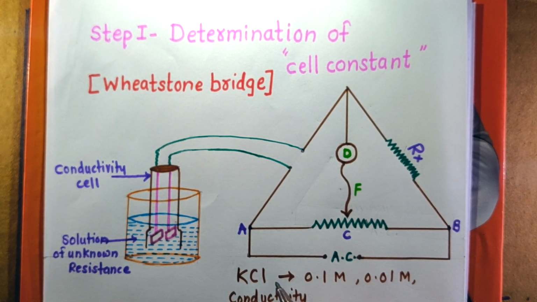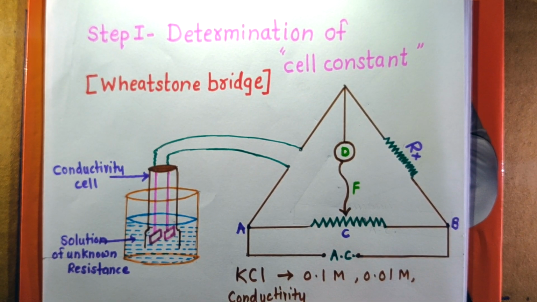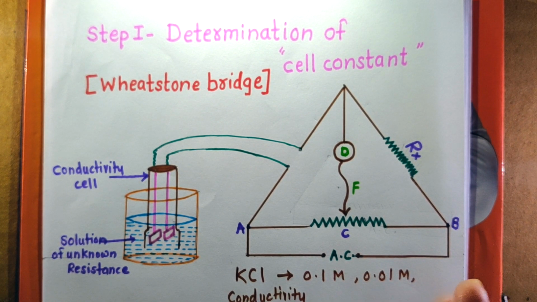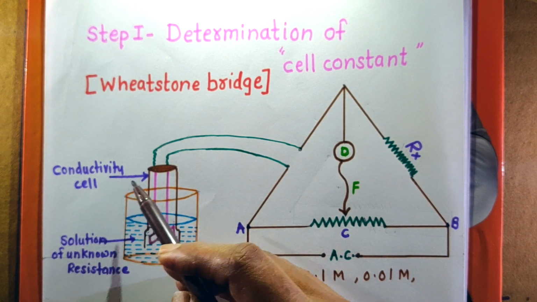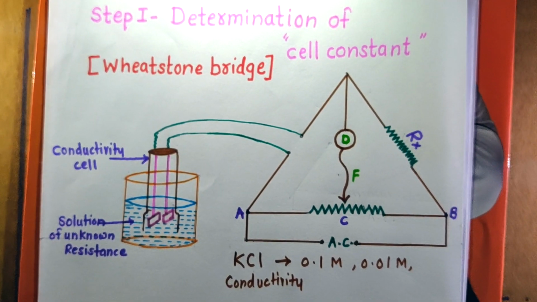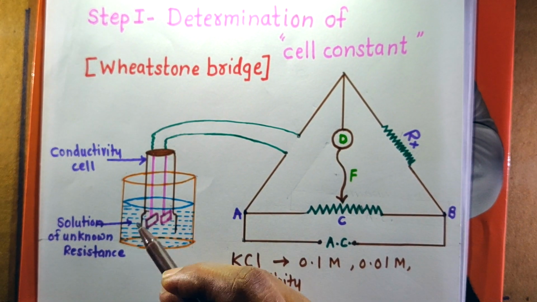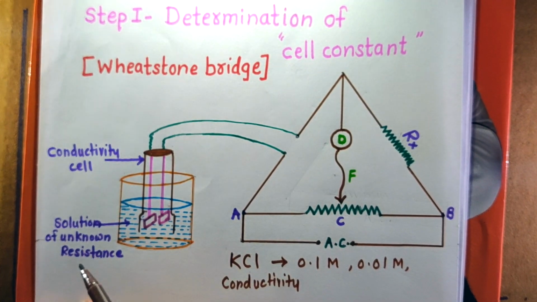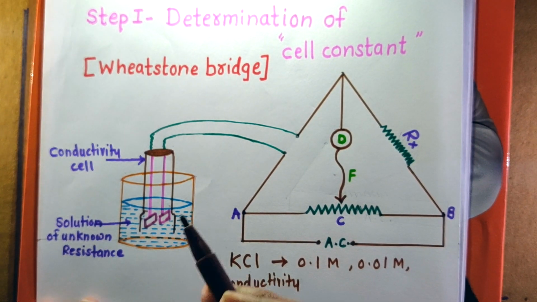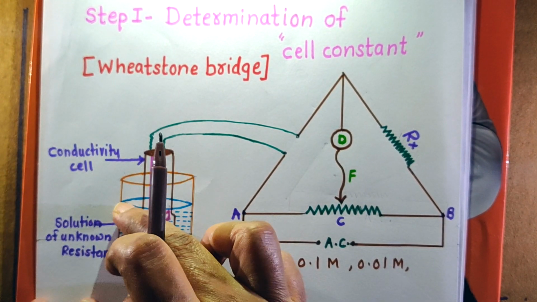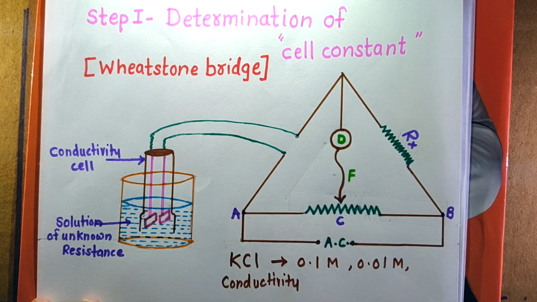At different concentrations and at fixed temperature, the conductivity of KCl solution is tabulated, and you can obtain this from that table. Now you have to determine the resistance of this solution, and for this the conductivity cell is used. By knowing the resistance of this solution, we can determine the cell constant of this cell.